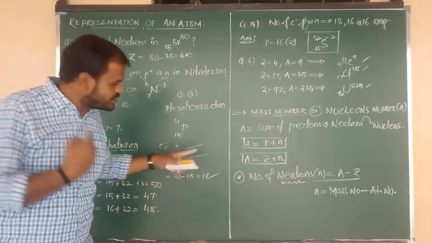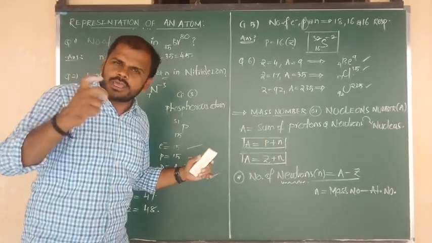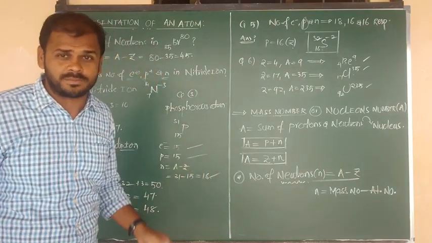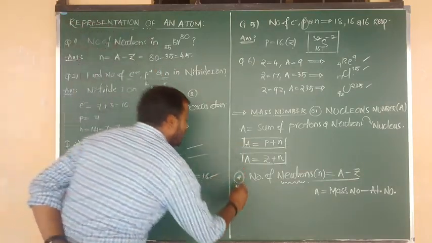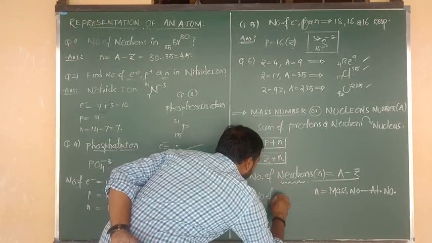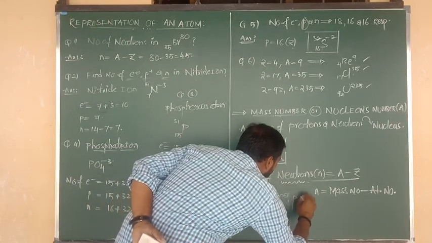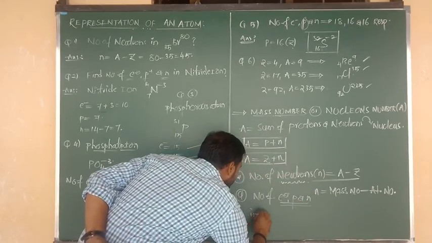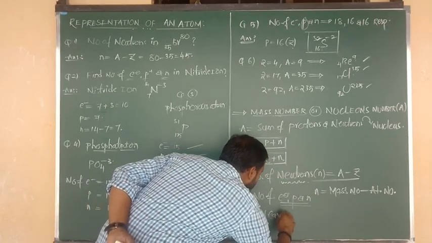Okay. So one question I want to give you, try to check yourself. If you are not going to get the answer, ask me. Now, throw it to the WhatsApp number as you wish. The question is, find the number of electrons, protons and neutrons in heavy water.